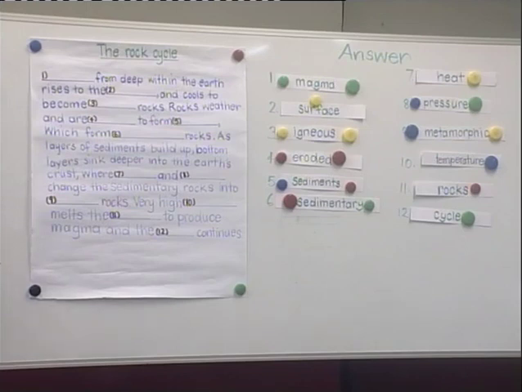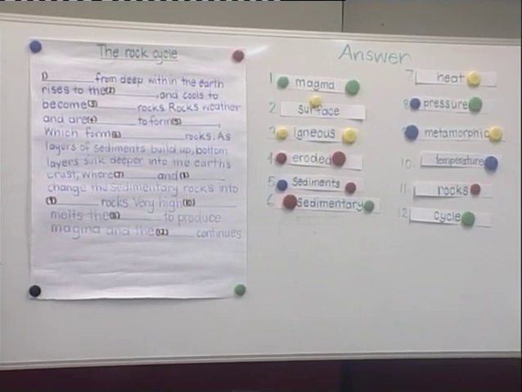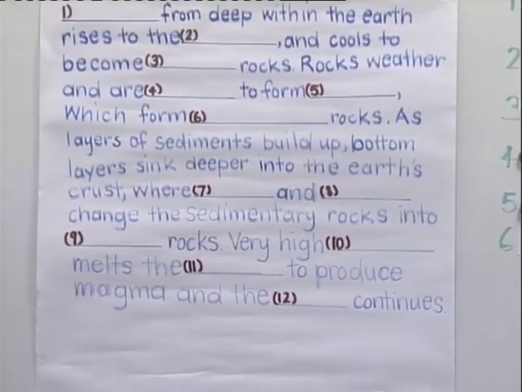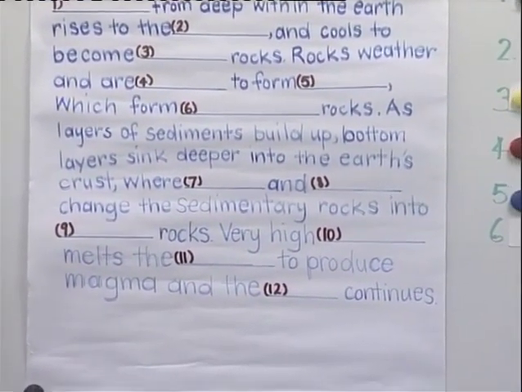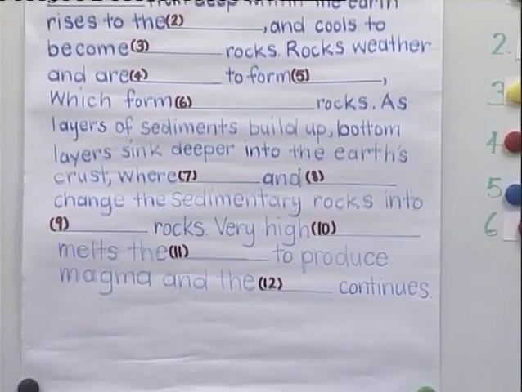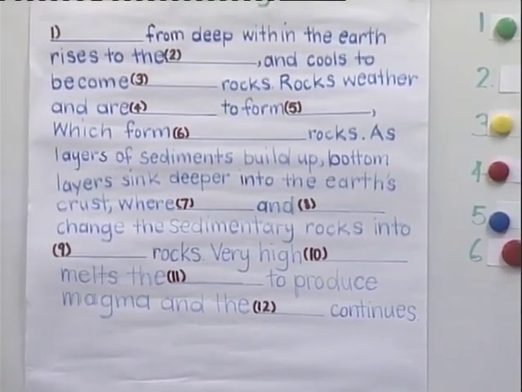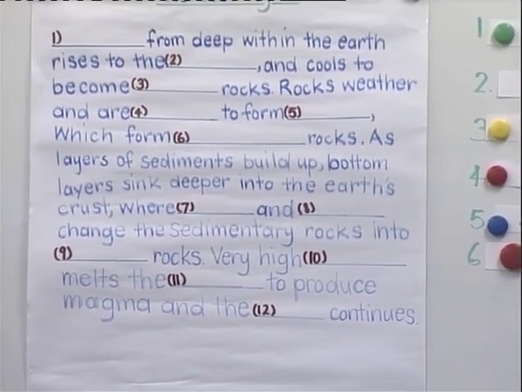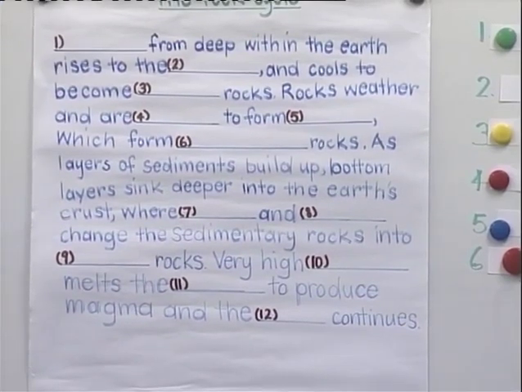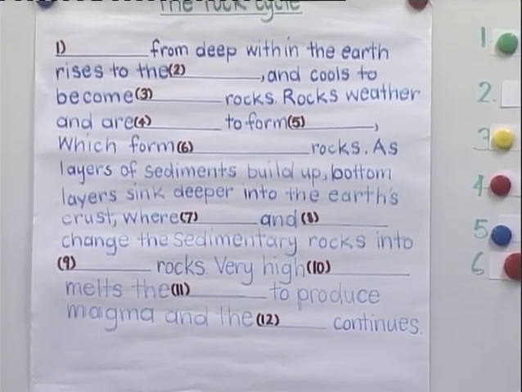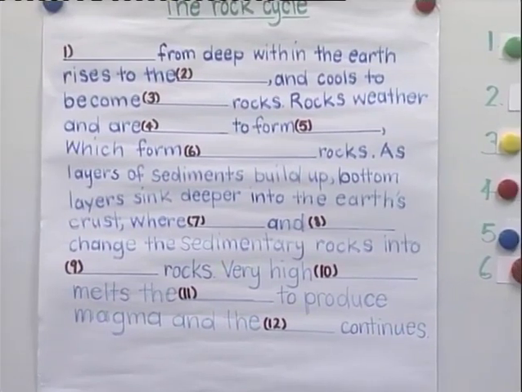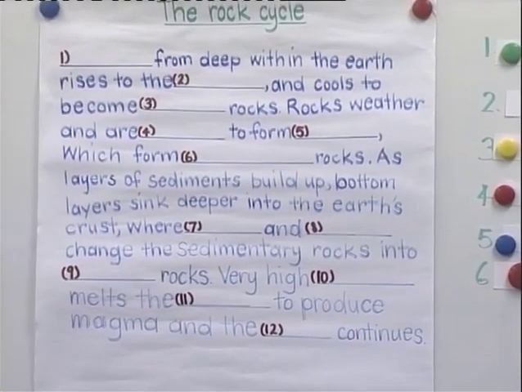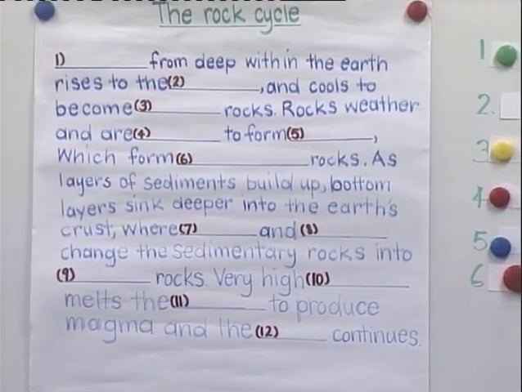As layers of sediments build up, bottom layers sink deeper into the earth's crust, where heat and pressure change the sedimentary rocks into metamorphic rocks. Very high temperature melts the rocks to produce magma, and the cycle continues. And that is exactly what the rock cycle is, and that's what happens.